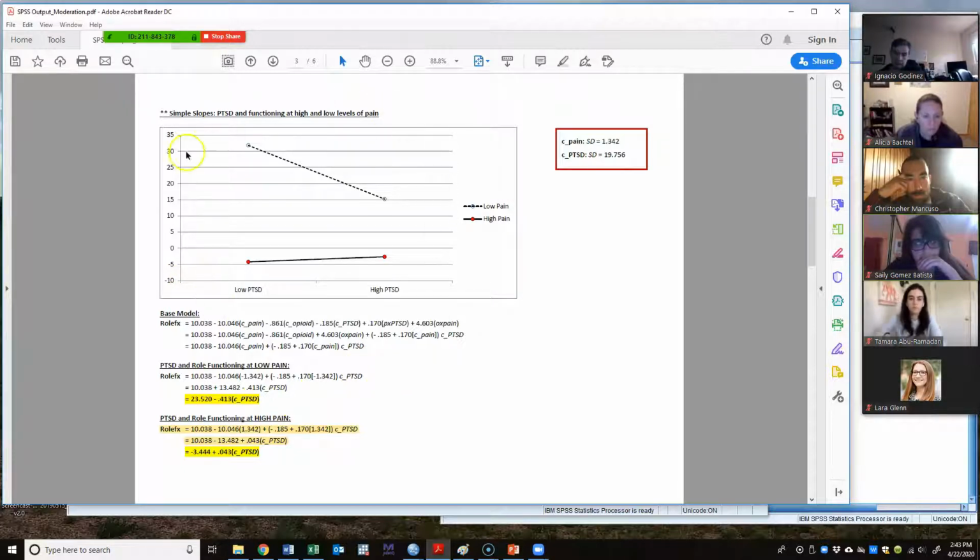Alicia, does this graph make sense? Why might we have an effect of PTSD on functioning at low levels of pain, but not at high levels?